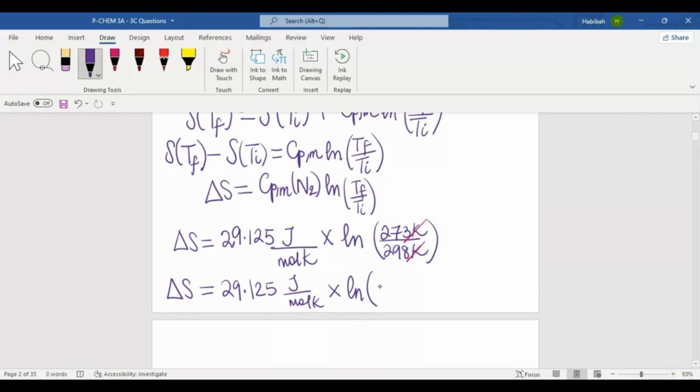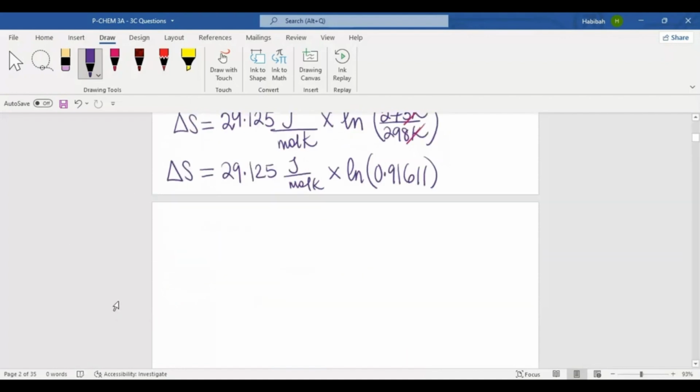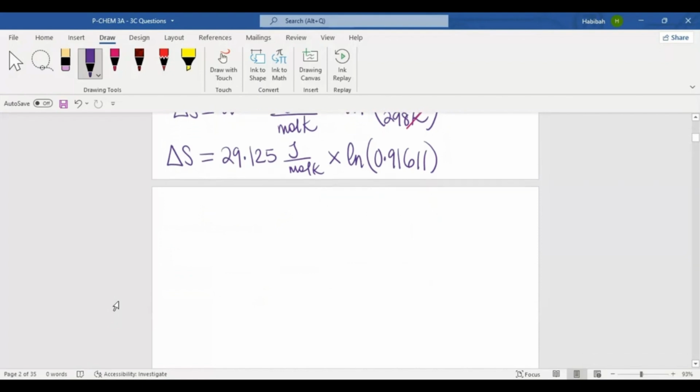273 divided by 298 is 0.91611. So now we have 29.125 joule per mole Kelvin times ln 0.91611. So change in S is going to be equal to negative 2.5519 joule per mole Kelvin.